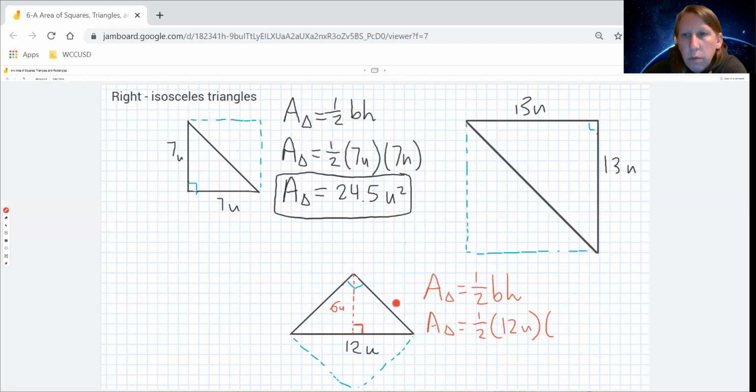Right angle to the base. Well, it's going to be 6 units. Half of 12 is 6. I just multiplied half times 12, and then I'm going to multiply by 6 units. The area of this bottom triangle here is 36 units squared.